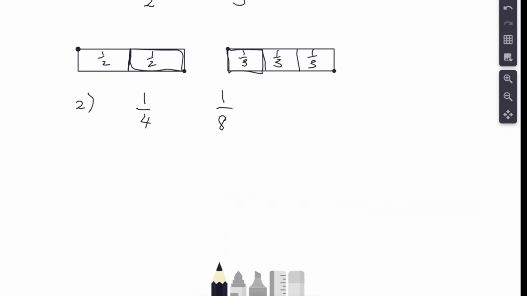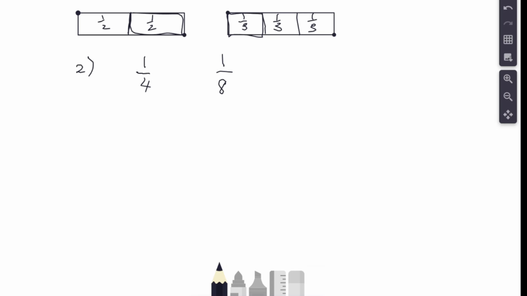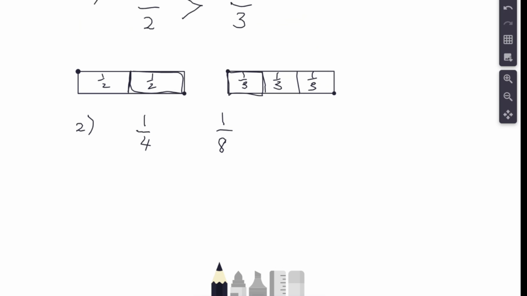Now, when we look at example number 2, a quarter compared with 1/8. Which fraction do you think is smaller? Will it be a unit fraction from a whole that's cut fewer number of times, or a fraction from a whole that is cut more number of times?